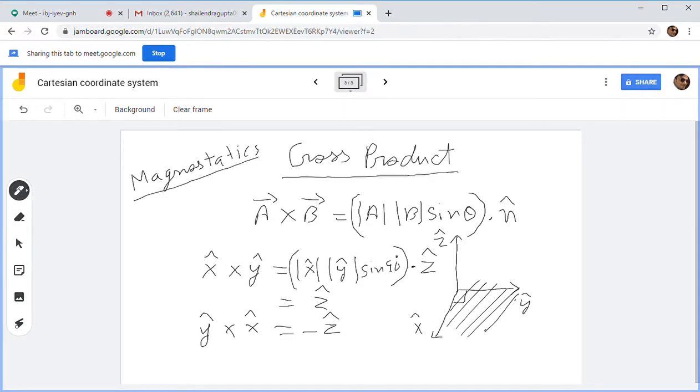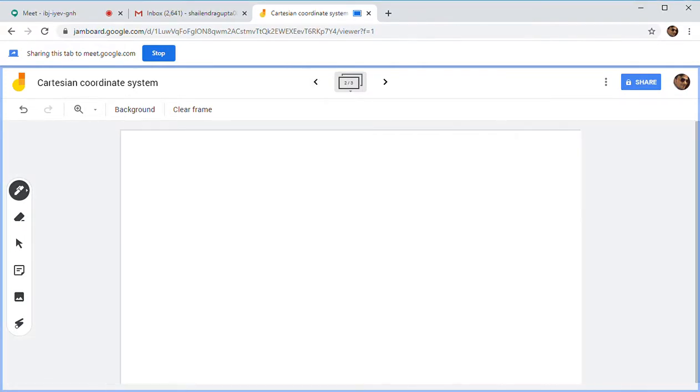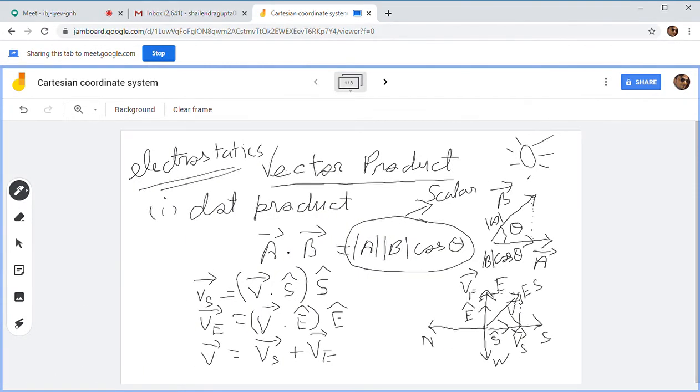This is a very important thing: when you take a dot product A dot B, it is equal to B dot A. Either take the reflection of B onto A and multiply the reflected vector with the second vector, or take the reflection of A onto B and multiply these two.